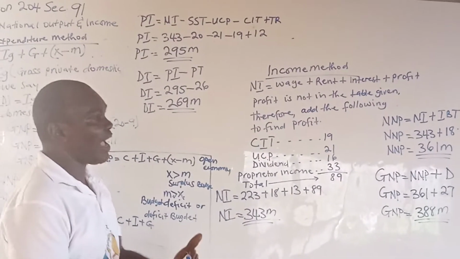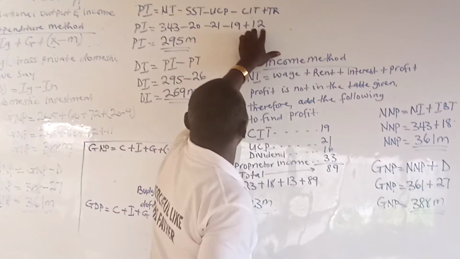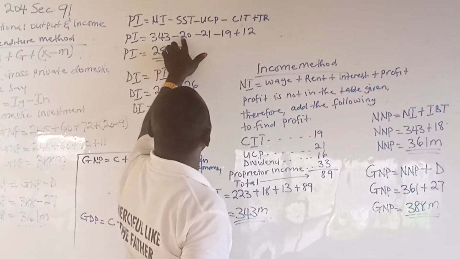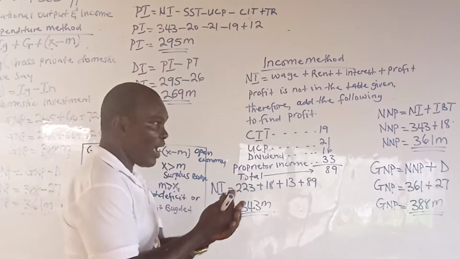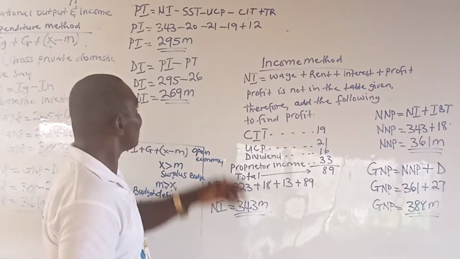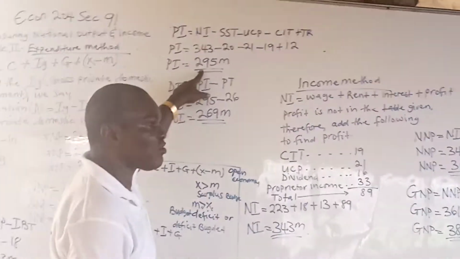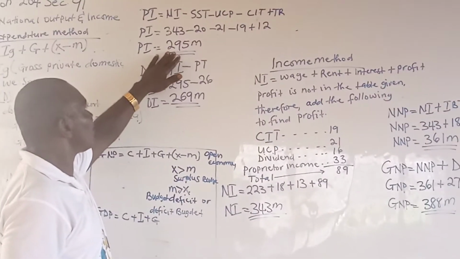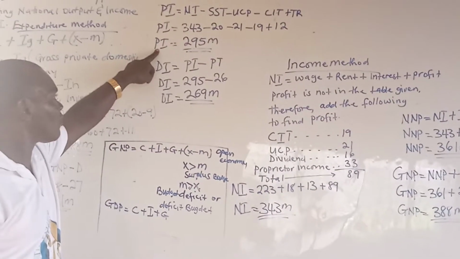Sometimes you collect like terms, meaning 343 and 12, you add them up, then you add 20, 21, 19, you add them up. That becomes the like terms. Then afterward you subtract. If you are using your calculator, you can put everything in the calculator and arrive at this answer, which is 295 million. This is 295 million, representing the PR, which is the personal income.